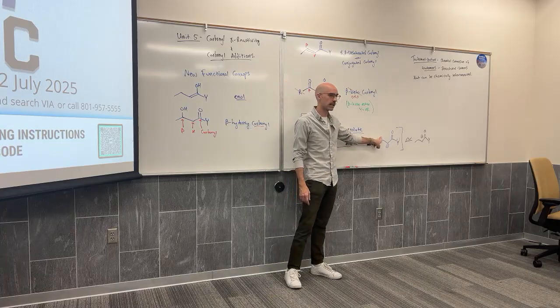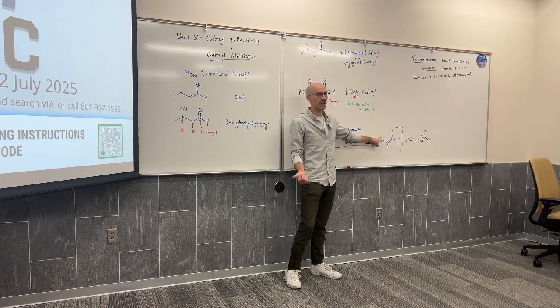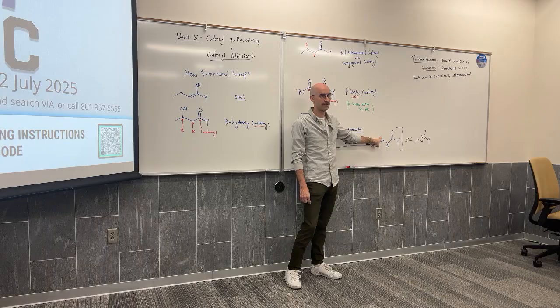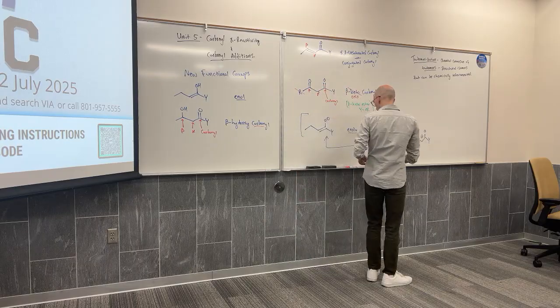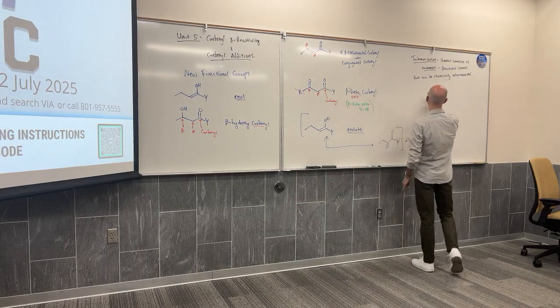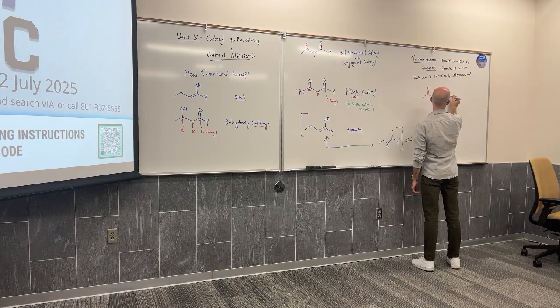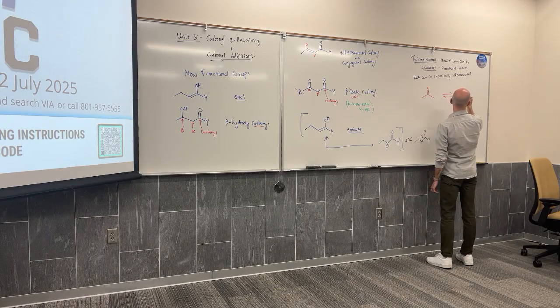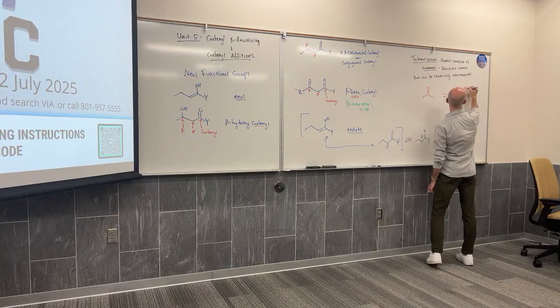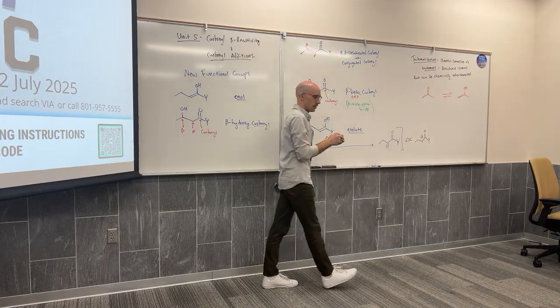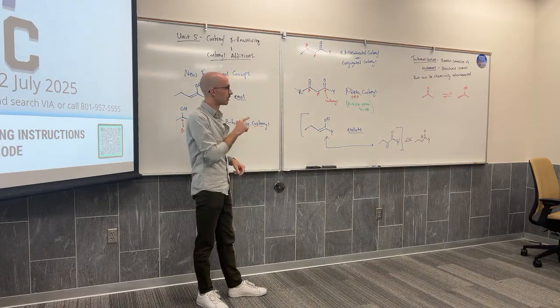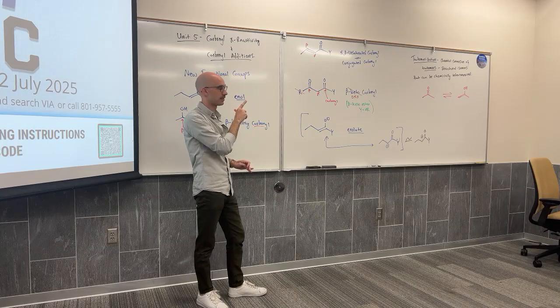And this looks exactly like a carbonyl whose alpha carbon has been deprotonated. So the tautomers that we are referencing here are carbonyls to enols.